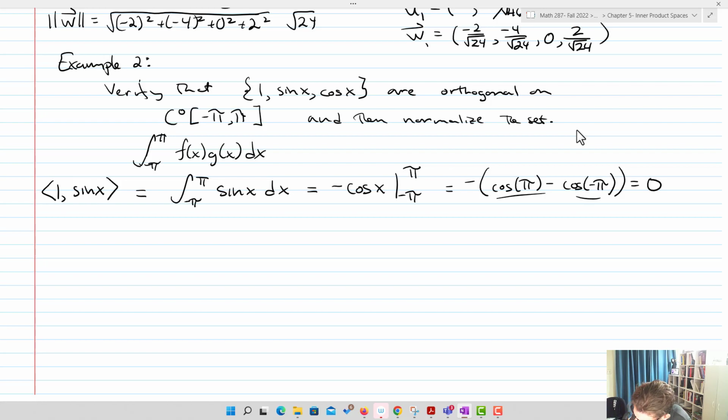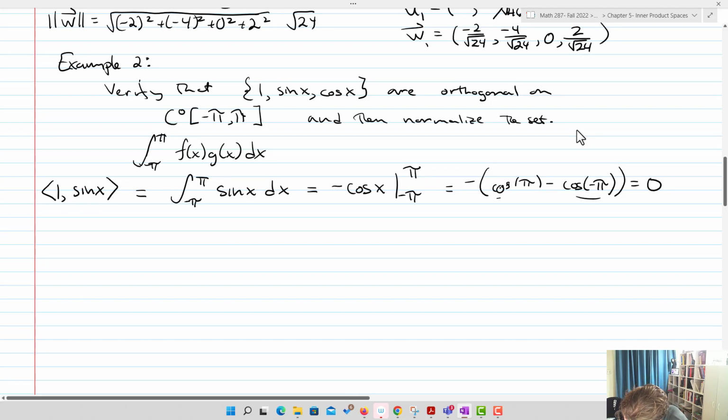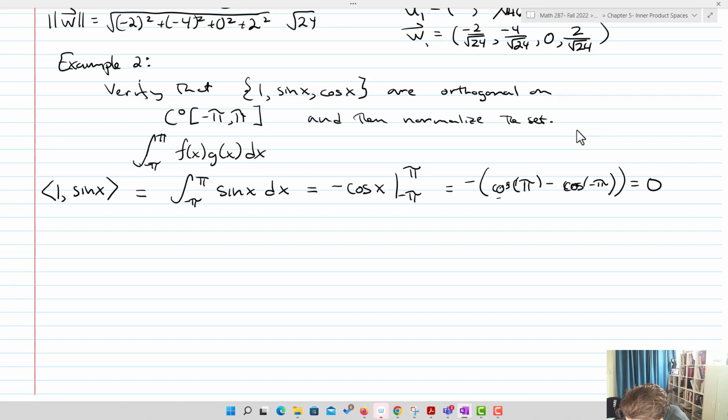Oh, excuse me, that's incorrect. That's not right. They're both -1. So this ends up being -1 minus a -1. And so that ends up equaling 0. They're not zeros. That's right.